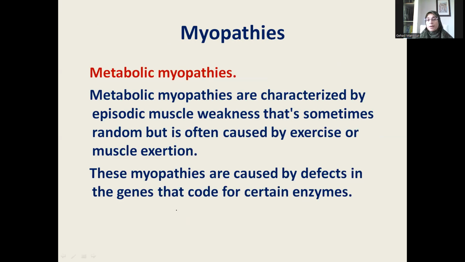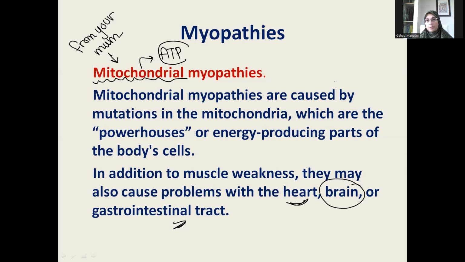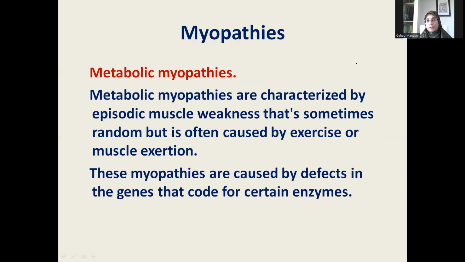There is another type. Of course, mitochondrial myopathies are an example of congenital myopathies. Mitochondrial myopathies are congenital, whereas metabolic myopathies can be acquired.